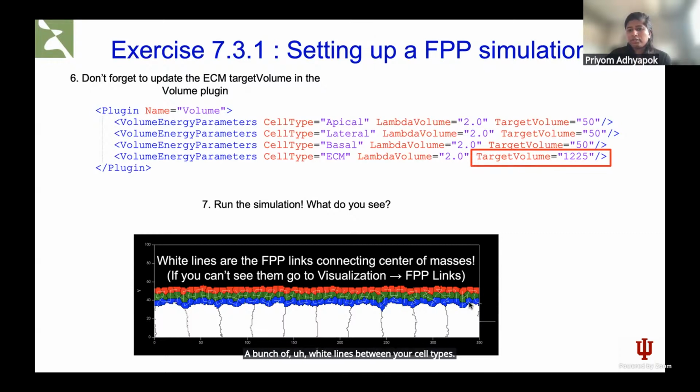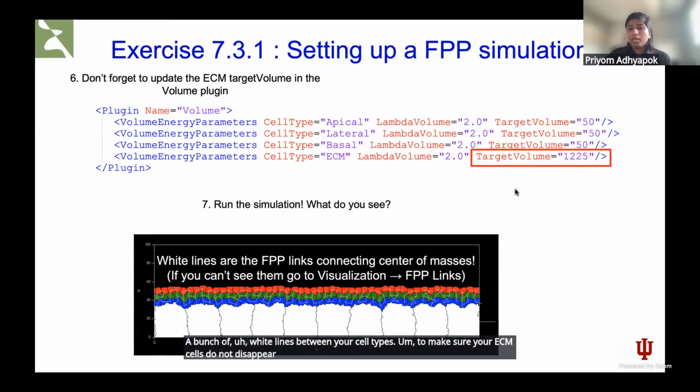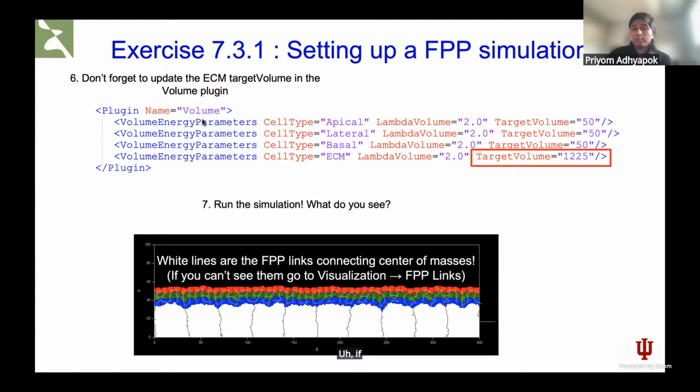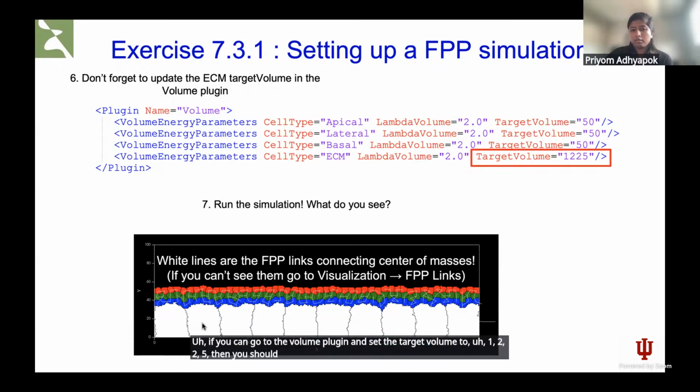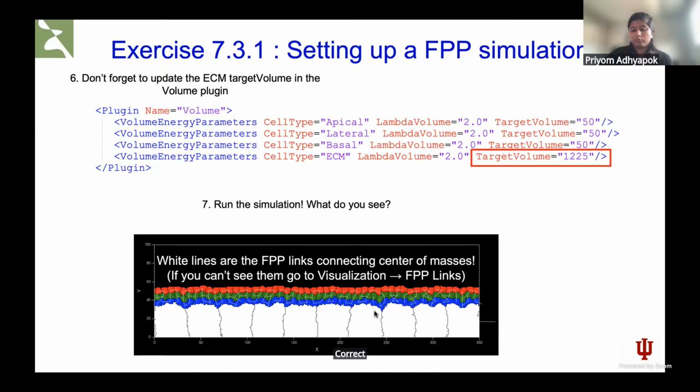To make sure your ECM cells do not disappear or shrink, go to the volume plugin and set the target volume to 1225, then you should be able to see the correct dimension of what you specified these ECM cells to be at. And so you should be able to see something like this.